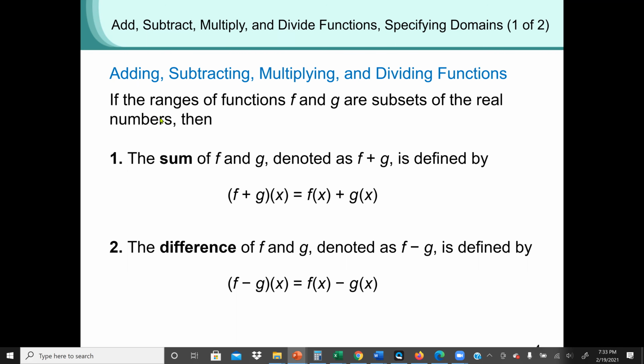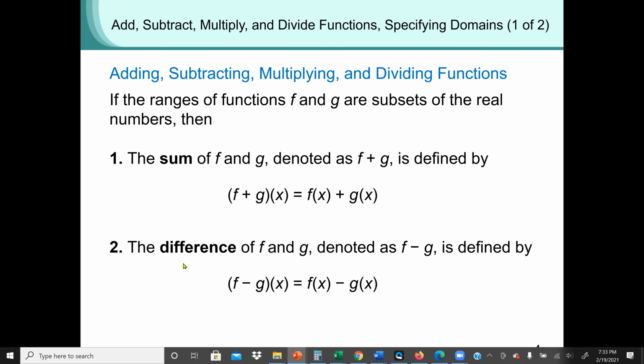If the ranges of functions f and g are a subset of the real numbers, then the sum of f and g, denoted f plus g, is defined as f plus g at x, which is the same as f at x plus g at x. So if we have two functions, f at x and g at x, to add the functions, we just add them together.